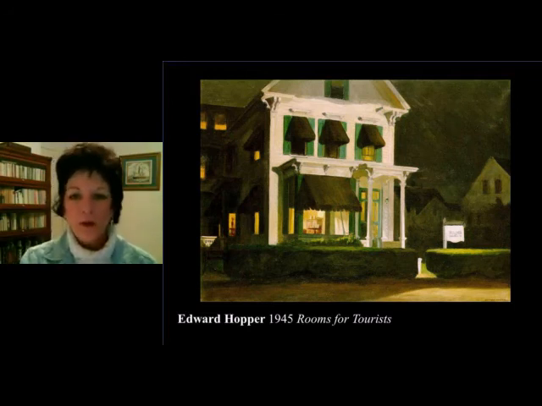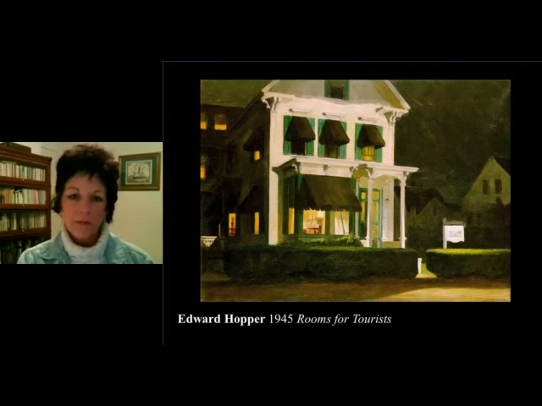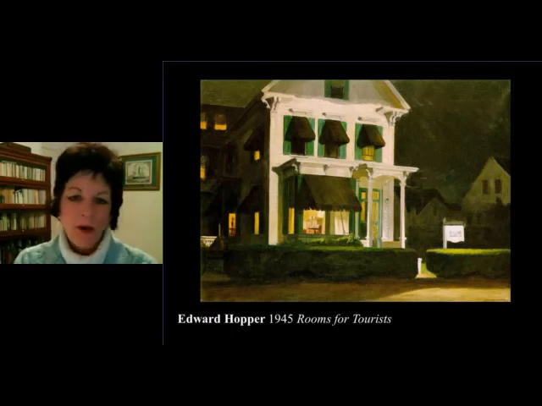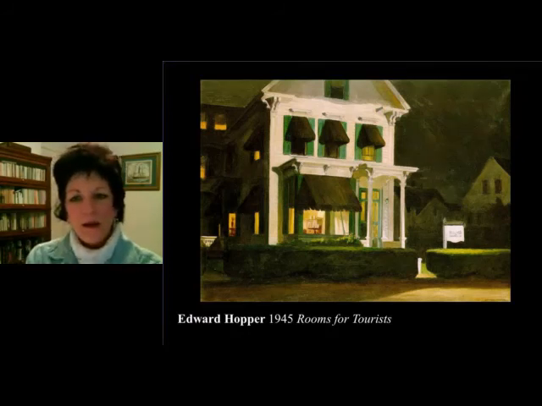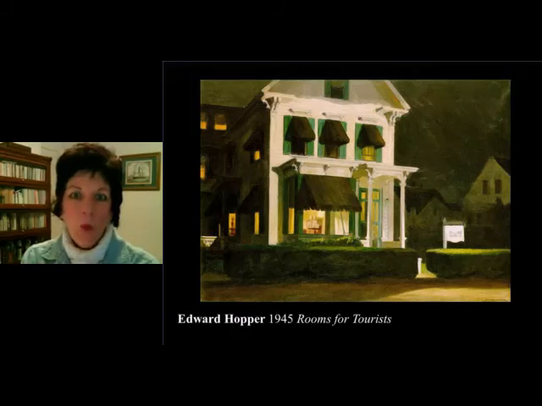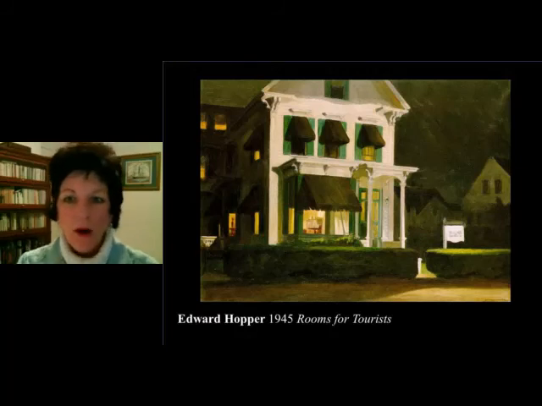So when we look at this slide here, this Edward Hopper here, 1945, it's an oil painting, Room for Tourists. You'd be looking at, well, gee, the light on the whiteness of that building means something. Our attention is focused there.